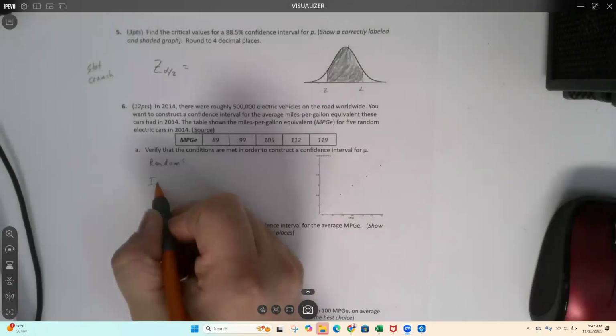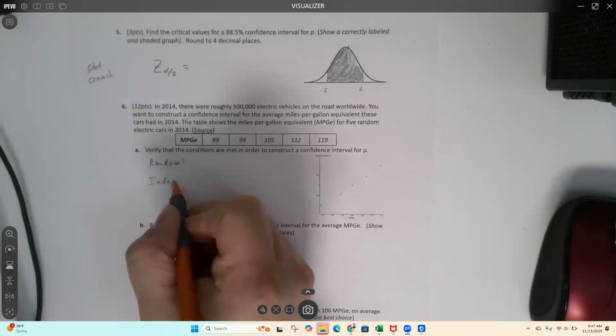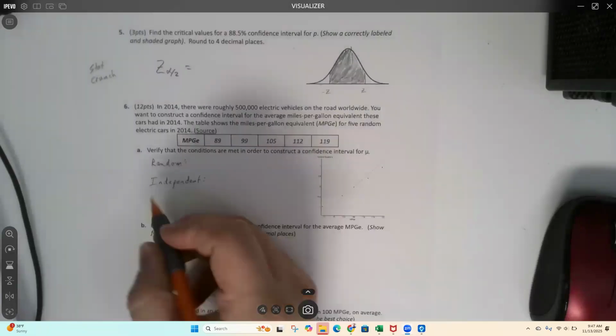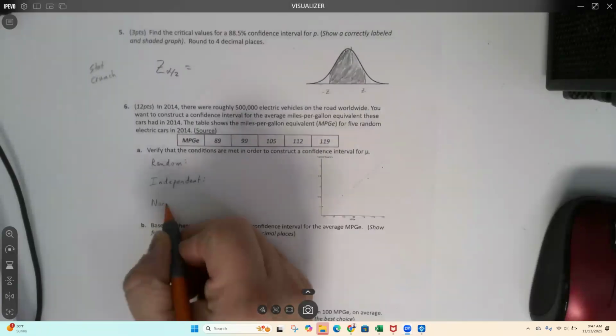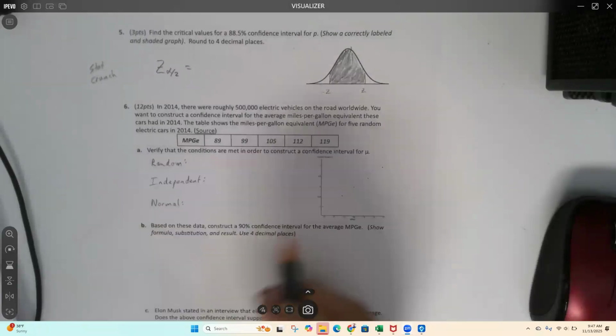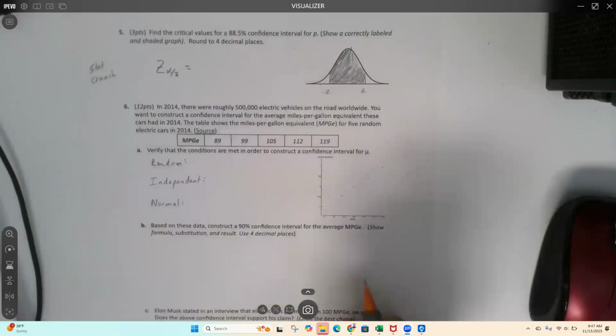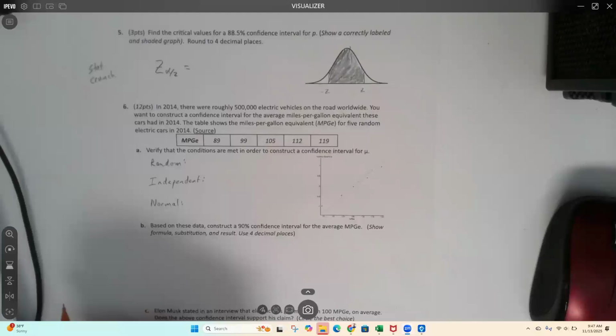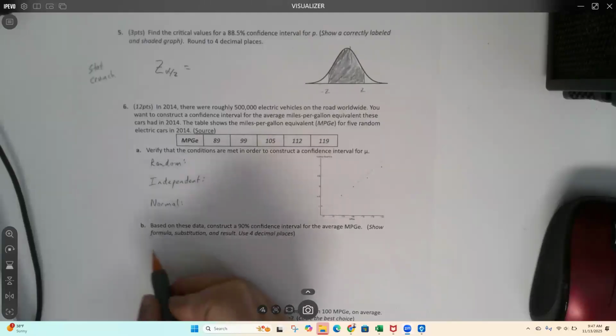Is it random? Is it independent? All right. Based on these, construct a 90% confidence interval for the average miles per gallon equivalent.